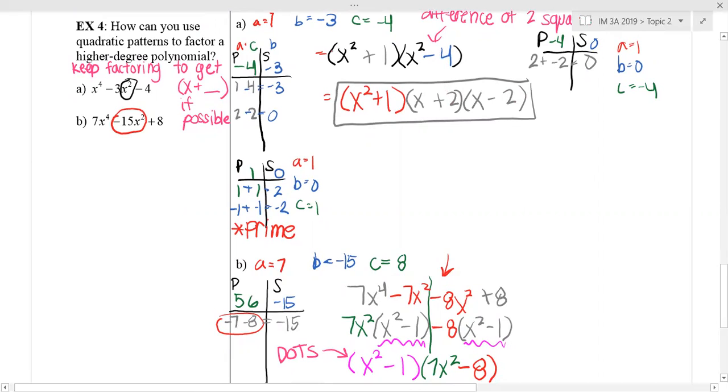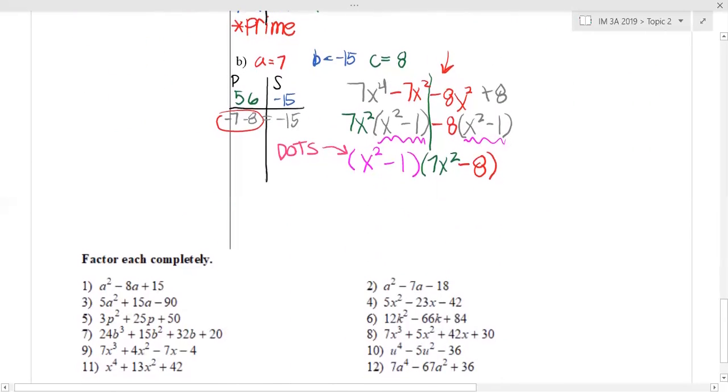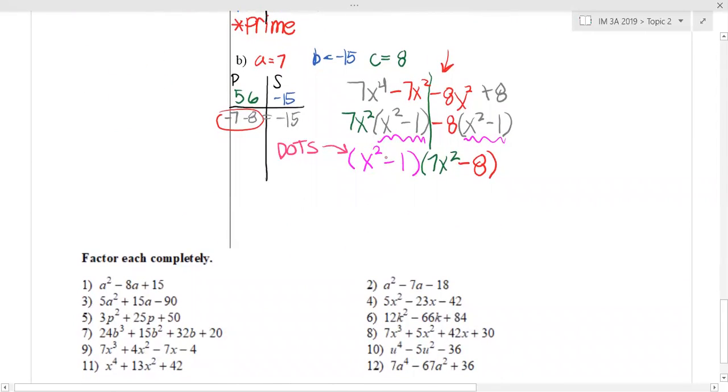And so notice that x squared plus 1 didn't work because we had to have the same sign on the ones. And so this one will because I can use x plus 1 times x minus 1 because x squared minus 1 is a difference of two squares. 7 is not a perfect square, nor is 8. And so that means that this factor is just part of our answer, 7x squared minus 8.